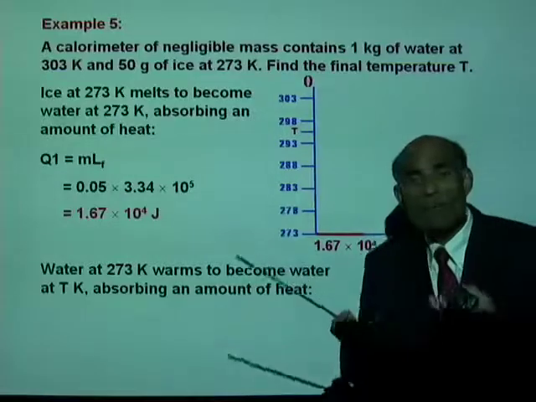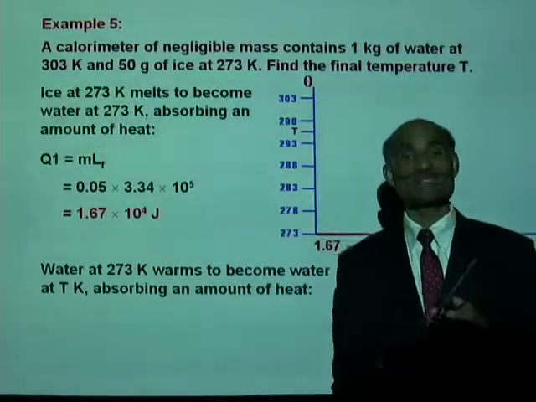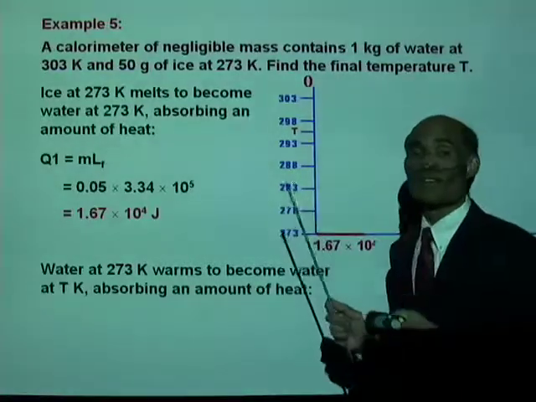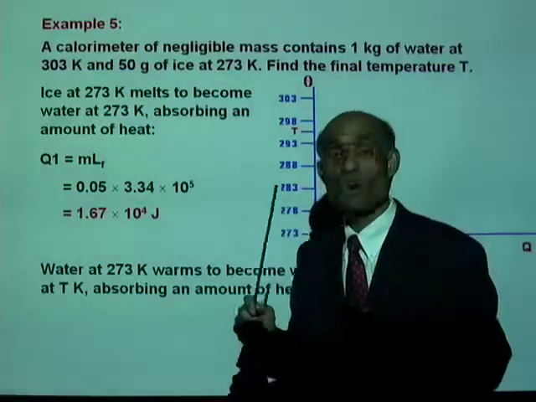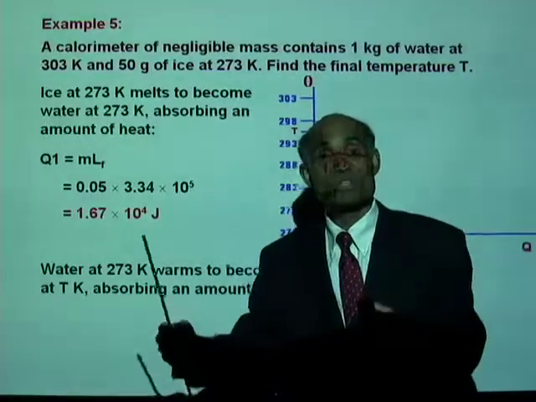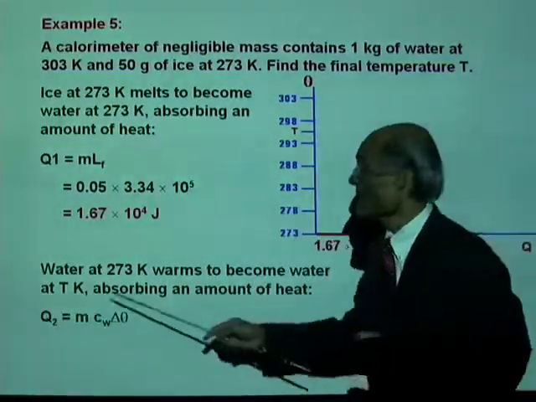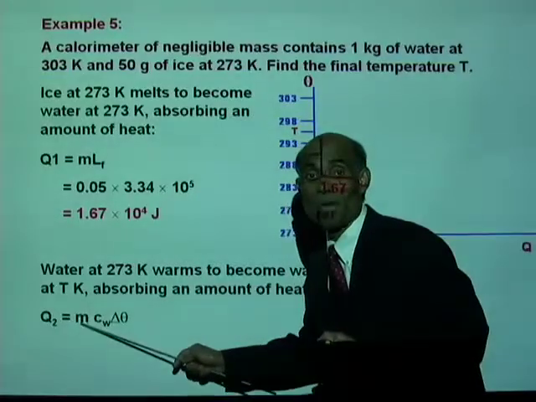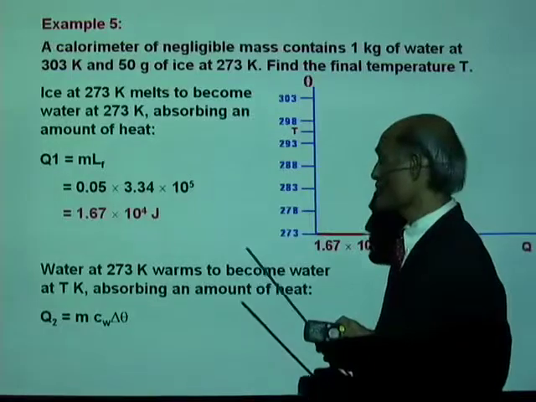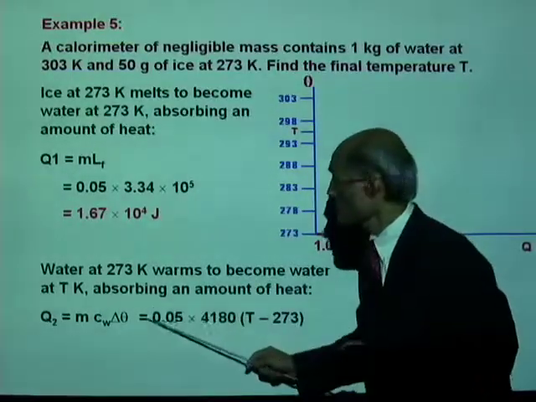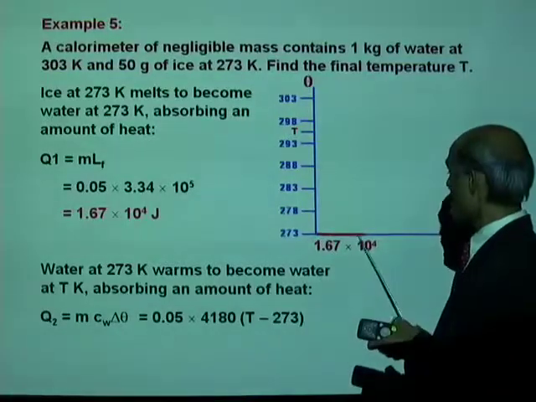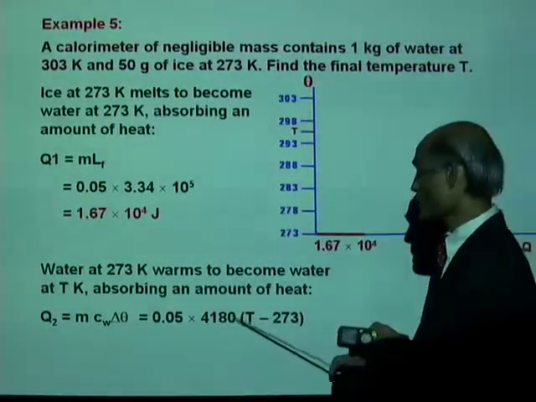What is the amount of heat absorbed during that time? Well, there is a change in temperature. Therefore, the amount of heat absorbed will be mass times specific heat times change in temperature. That will be Q2 is mass times specific heat of water times the change in temperature. 0.05, that is the mass of ice that is melted to become now water.